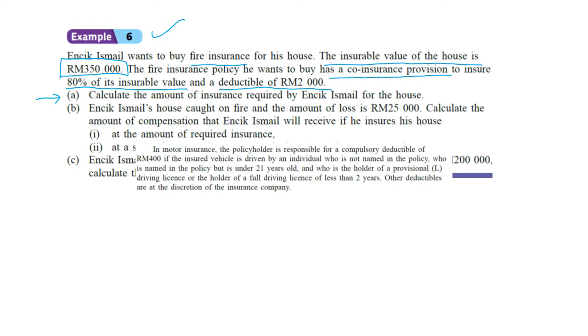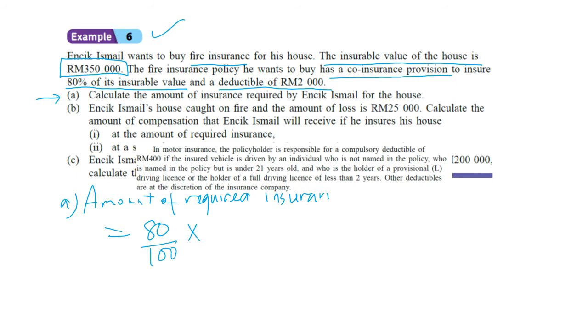So the amount of required insurance, the co-insurance provision says 80%, of the value of the house, 350,000.